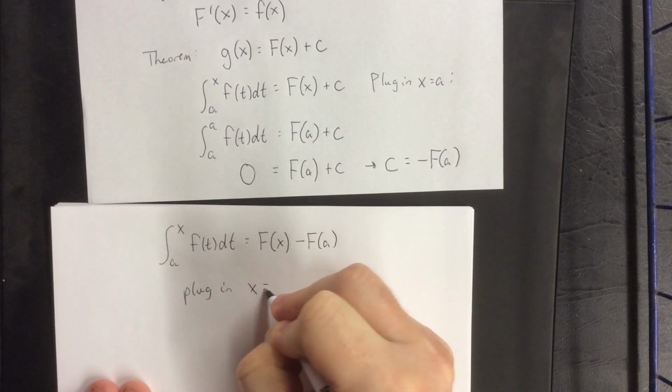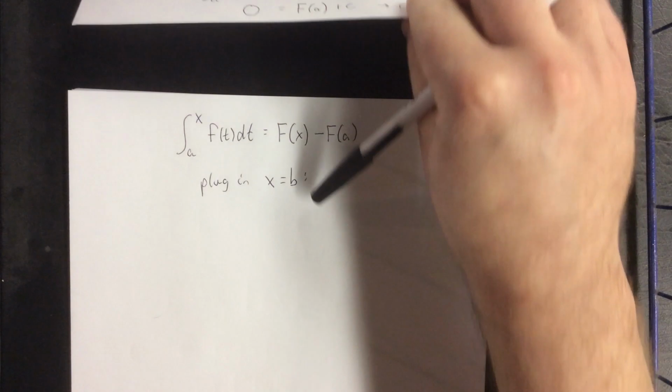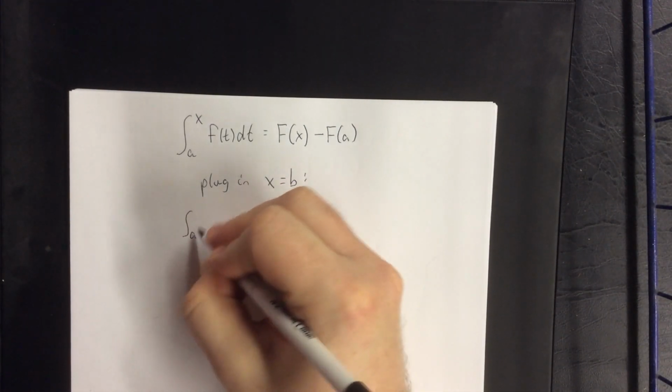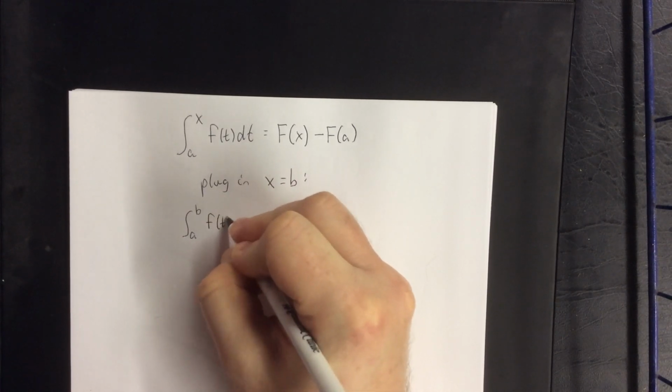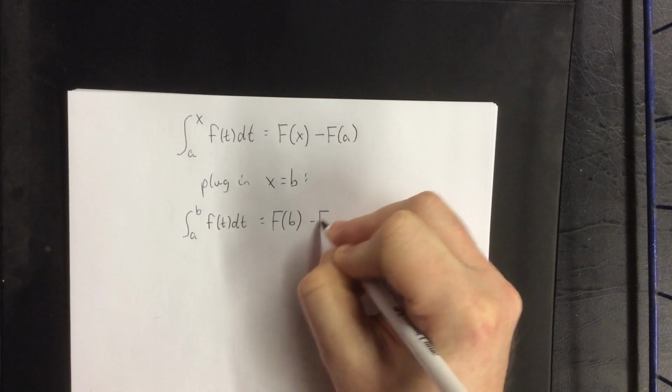Then I'm going to plug in x equals b, and we will get exactly our desired result. That'll be the definite integral from a to b of f of t dt is equal to capital F of b minus capital F of a.